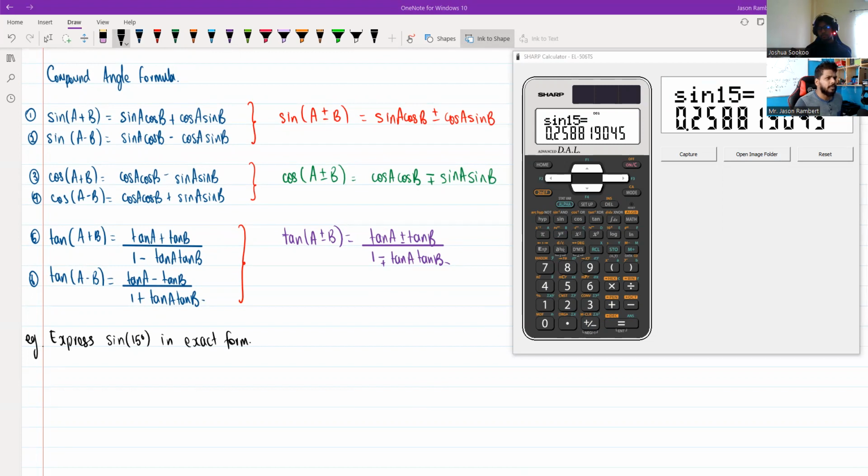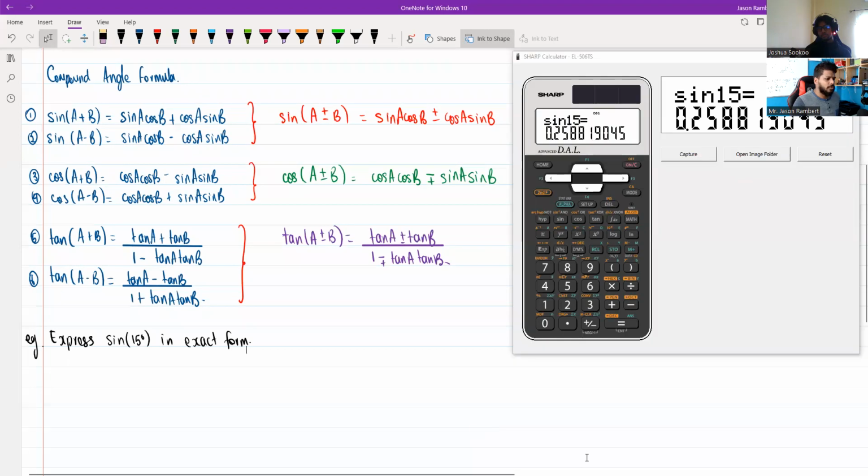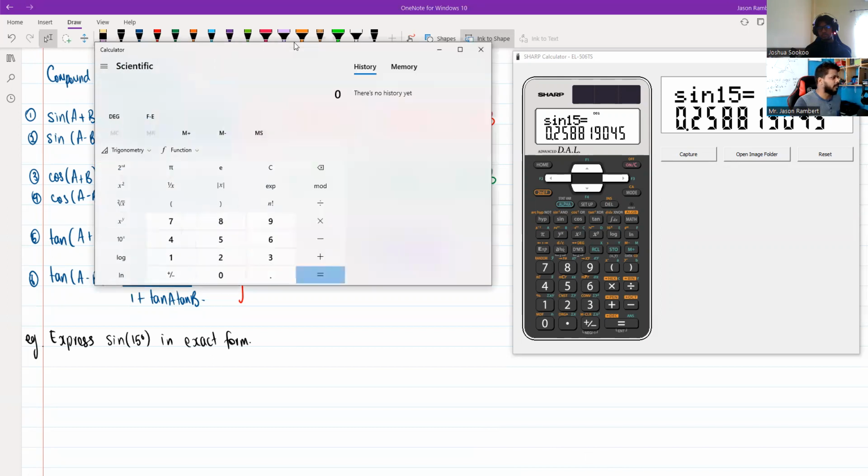I think the calculator on the computer gives a lot more decimal places, and we'll compare both of them, right? Good. So we have that calculator and we have this calculator here. It's scientific. So I want to figure out what sine of 15 degrees is.